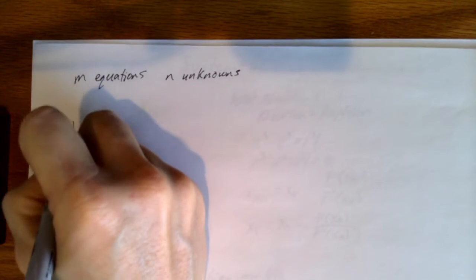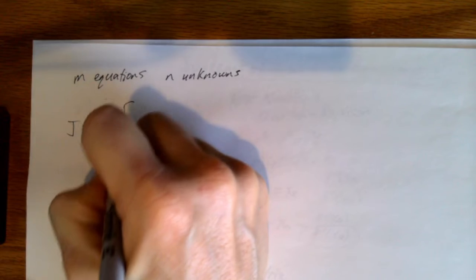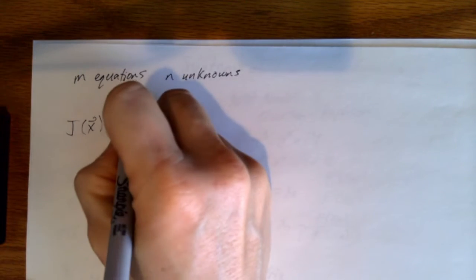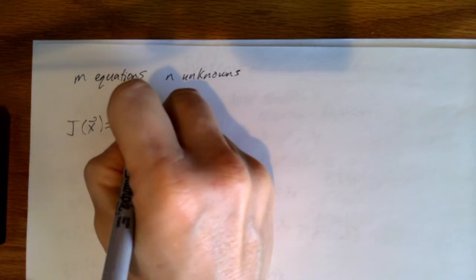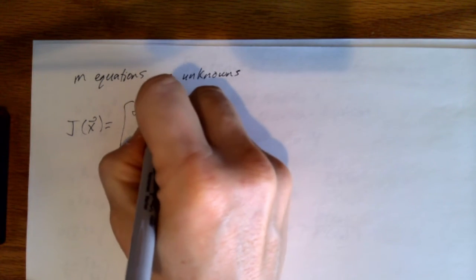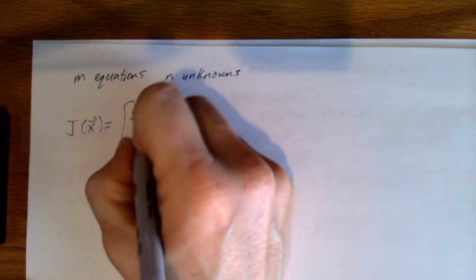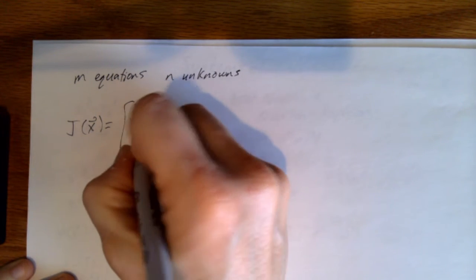then the Jacobian with respect to some vector x uses partial derivatives. So we take the partial derivative of function f1 with respect to variable x1.